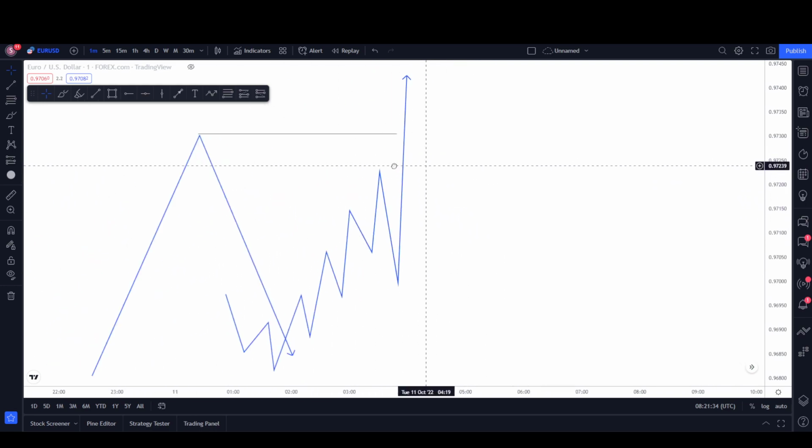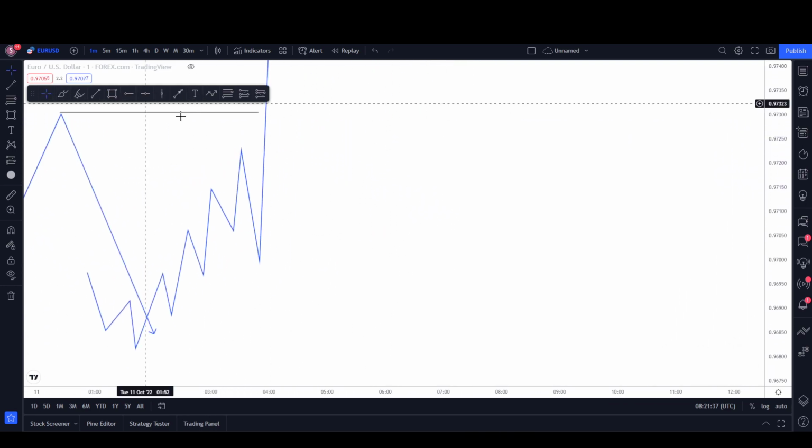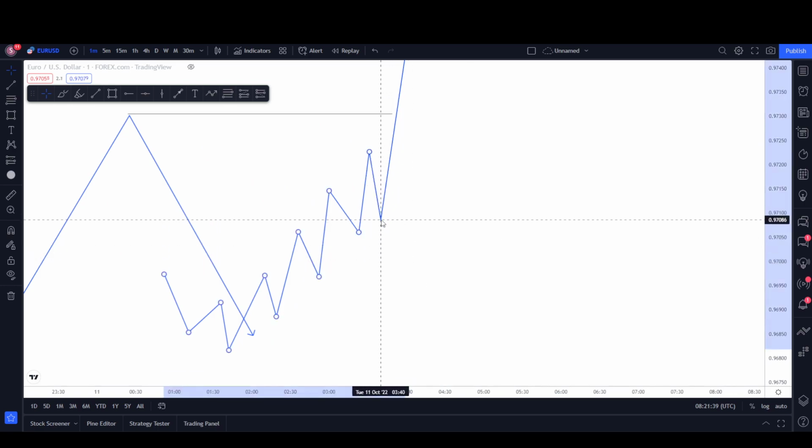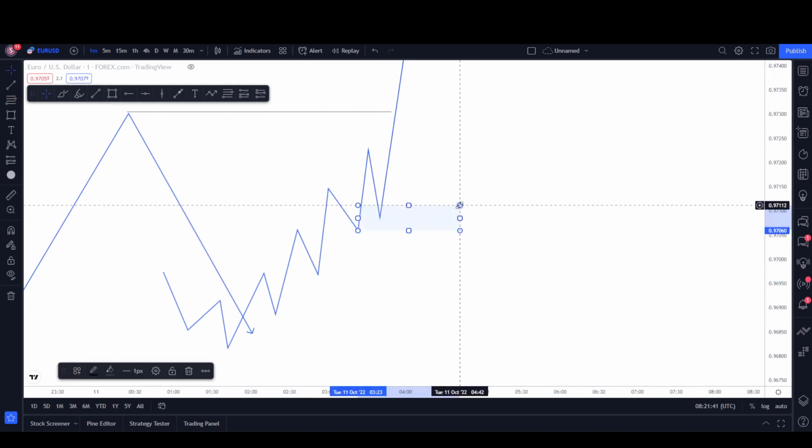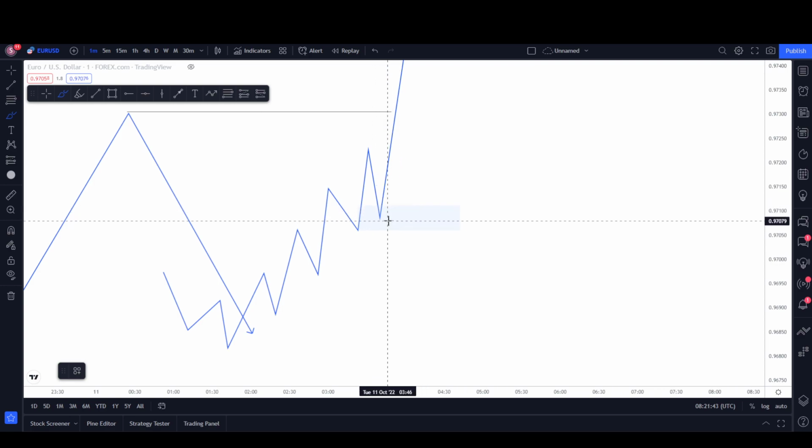But anyway, going forward with continuations, let's say you're not sure if price is going to take out this low. The safest way to trade a continuation is to wait for confirmation at these levels. Wait for confirmation before you start buying and selling.